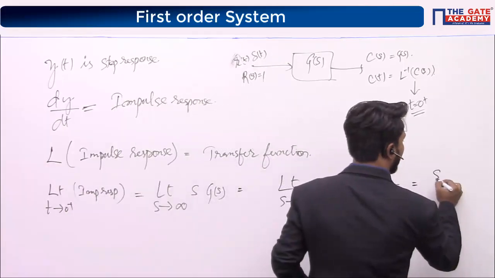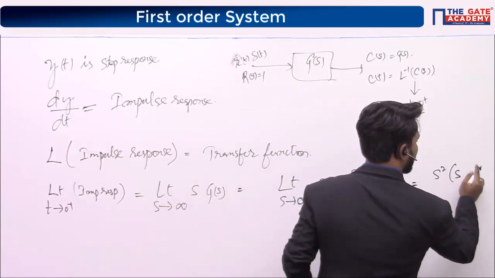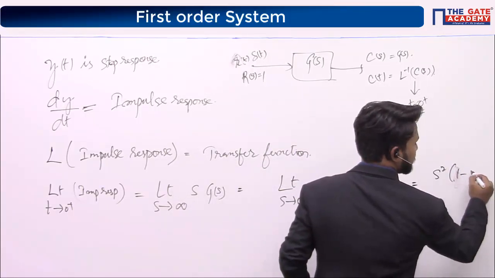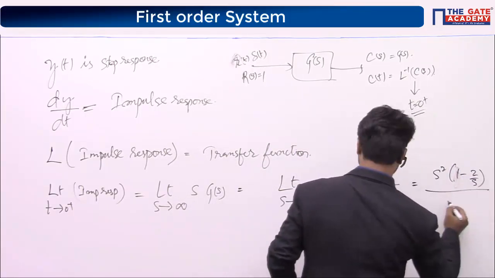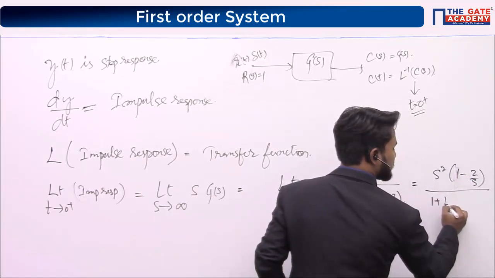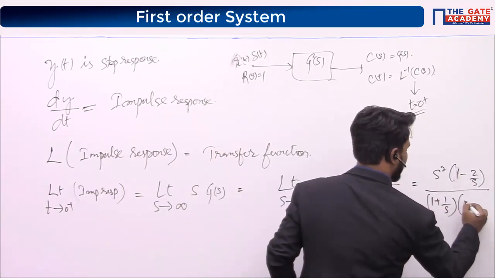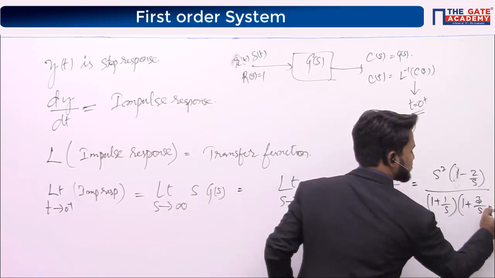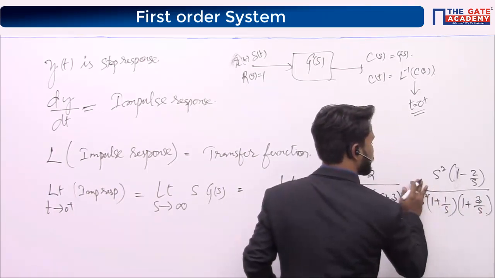Then you will get s square into (1 minus 2 by s) divided by (1 plus 1 by s)(1 plus 3 by s) into s square.